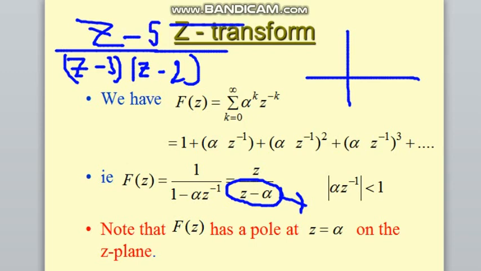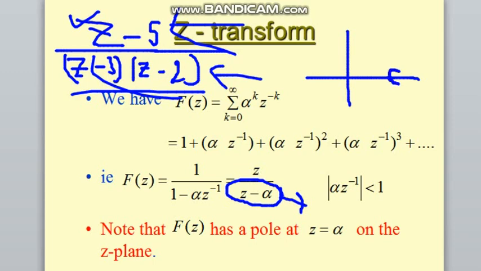So whatever the roots of the numerator section and the denominator section, it has two poles and one zero. The zero is z minus 5 equal to 0, so the value is 5, and that will be here. The zero will be shown like that with a circle, and the pole would be shown like a cross.